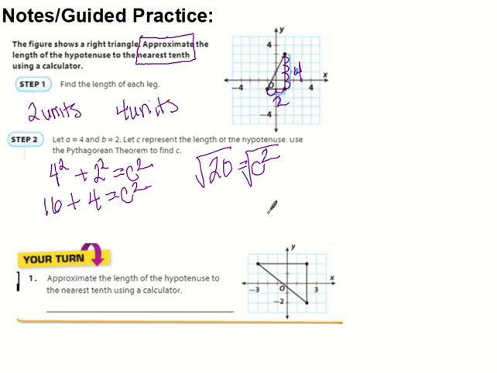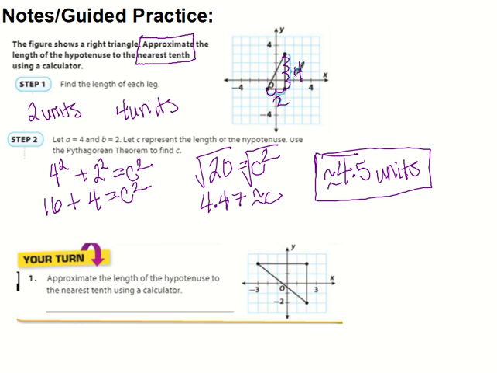Okay, if you need to borrow a calculator for this unit, please let me know. And we would get 4.47. I'm going to stop there, but it does say round to the nearest tenth, so that's why I saved the 7, and I need to bounce this up, so we would say about 4.5 units. So this would be our final answer for the length between these 2 points.